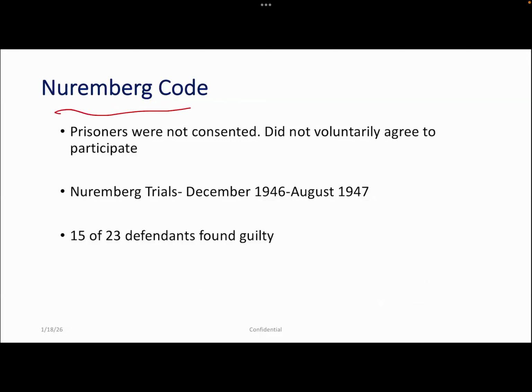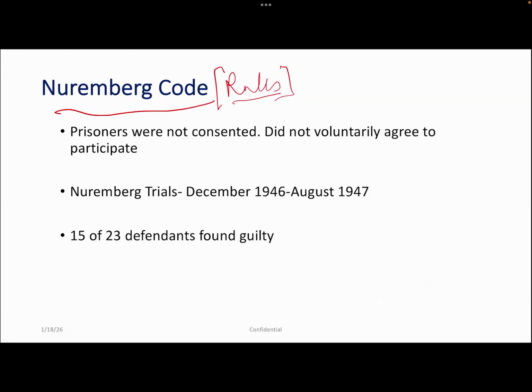Now, because of this, rules and regulations came. Why were they able to do it at that time? Although they had to face the consequences once World War II was over, before that they were doing it. Just imagine if at that time there were strict rules, they would not have done this, right?